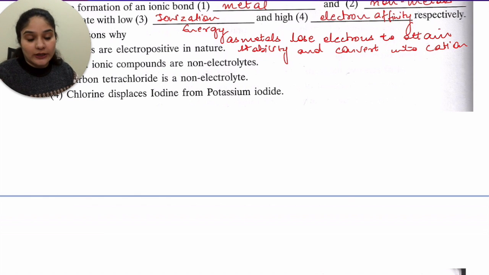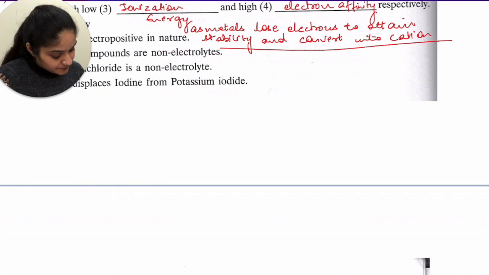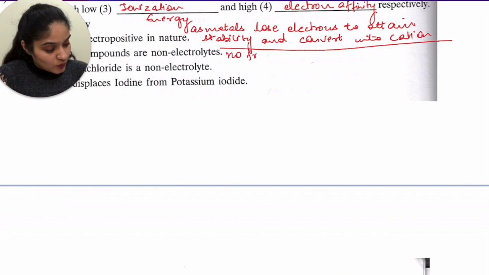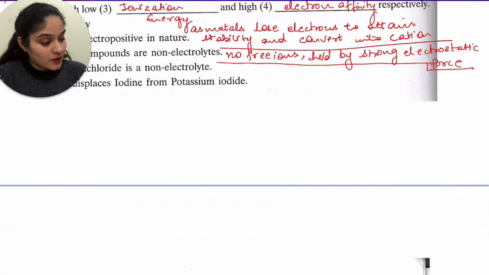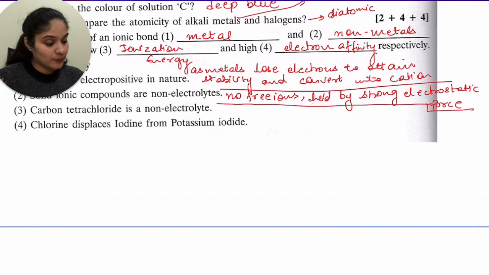So in solid state, no free ions, held by strong electrostatic force. I'm just giving you the key points. Make sure that in all the answers key points are highly important. If you miss out any key points, you definitely lose marks for it.